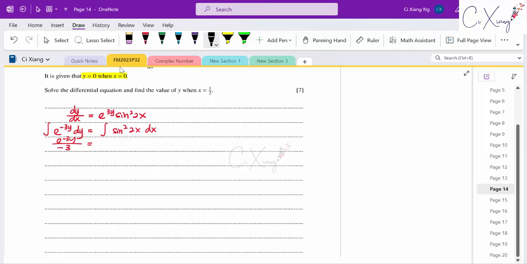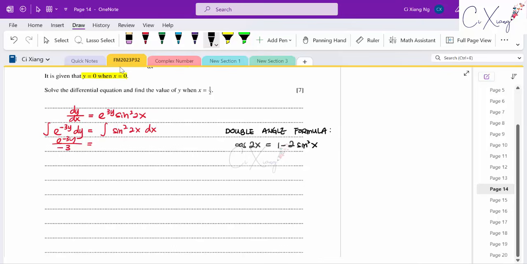Okay, so from here we are going to consider the double angle formula. There's one double angle formula which involves something like this. If I have cos 2x, it can be written as 1 minus 2 sine square x.